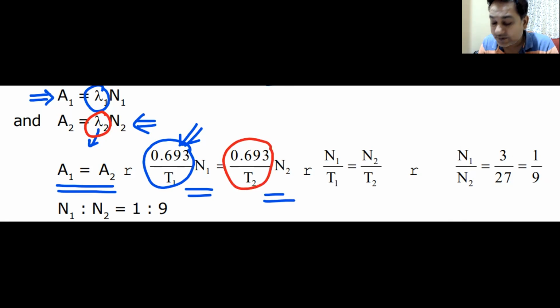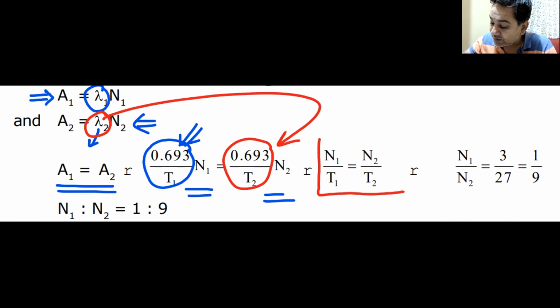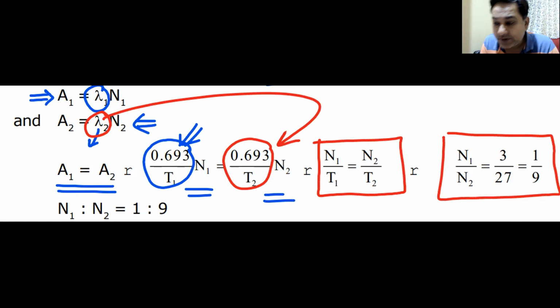We understand this? Yes or no? From here, I get this relation, N1 by N2 is T1 by T2. From here, I can find the ratio of N1 and N2. Everyone got this? Can I have some raise hand that we got this? Yes, sir.